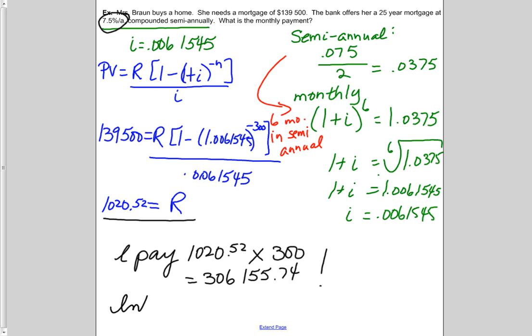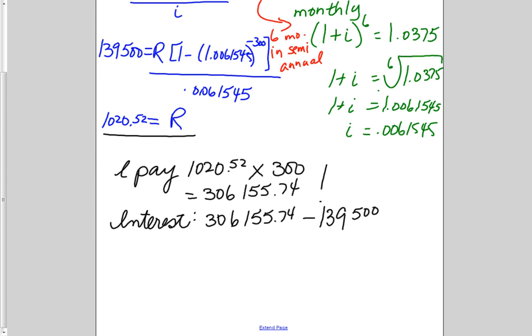So my interest, this should make you sad just a little bit, is $306,155.74, what I pay, subtract the value that I got, $139,500. The interest that I paid is $166,655.74. If you're not careful, you're going to pay as much or more in interest than you get for your mortgage. So the more you can save ahead of time, or the cheaper the interest rate, the better that scenario will work out for you.